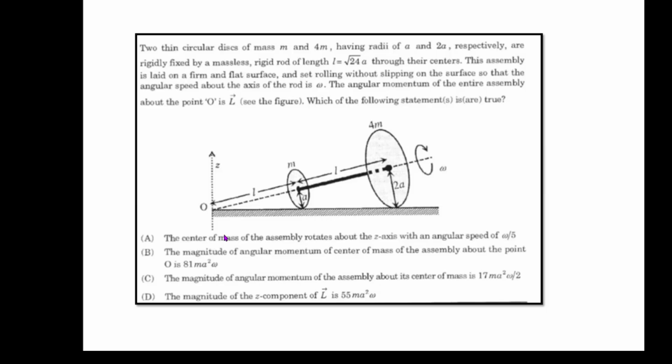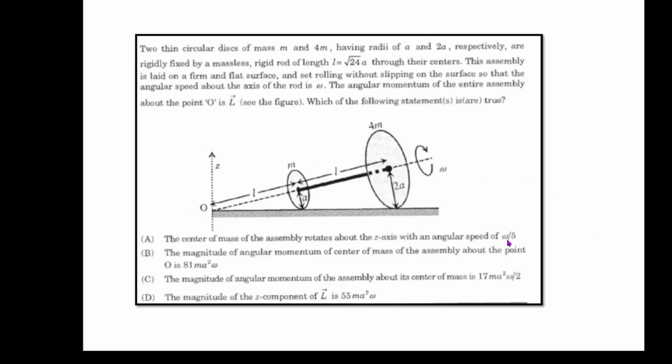Actually there are four sub questions in this problem. So instead of just finding out which one is true, my intention is to solve each one of them as a separate sub question, and we'll try to understand that. In this video I am going to cover the first one: the center of mass of the assembly rotates about the z axis with an angular speed of omega by 5.